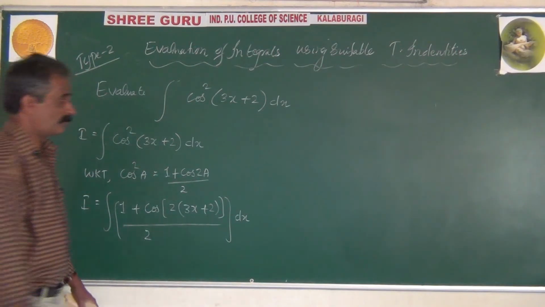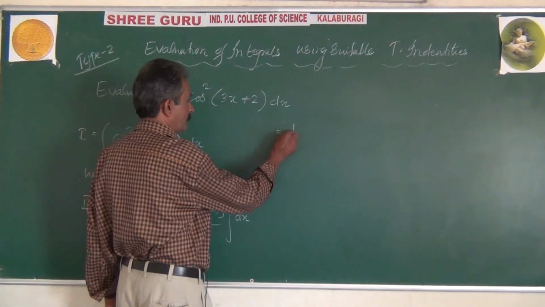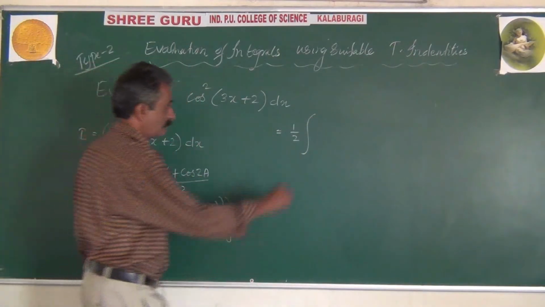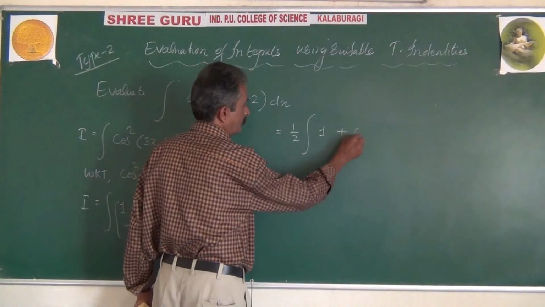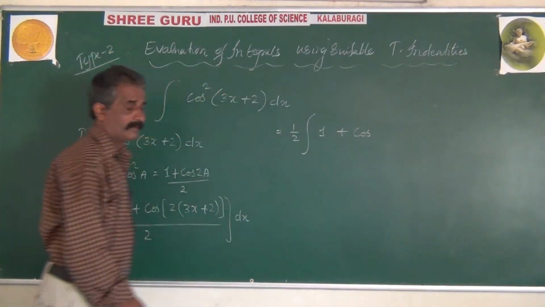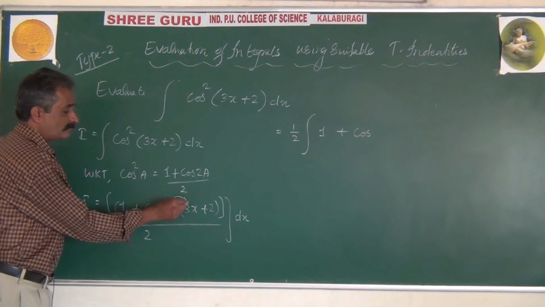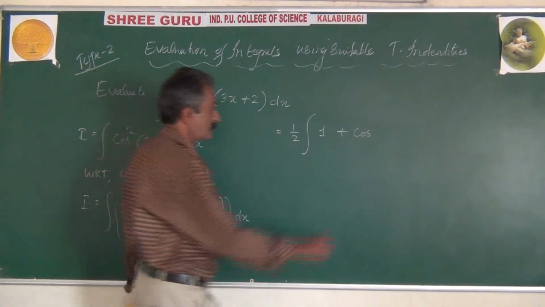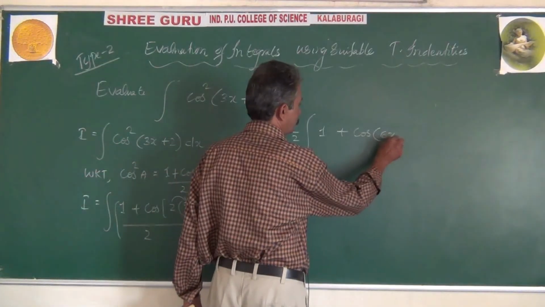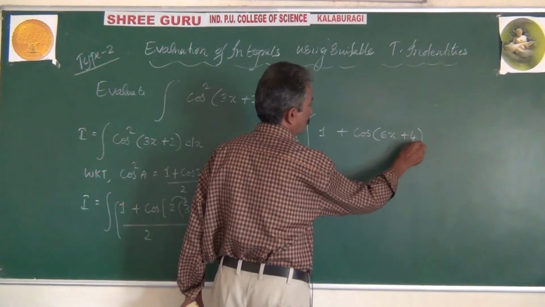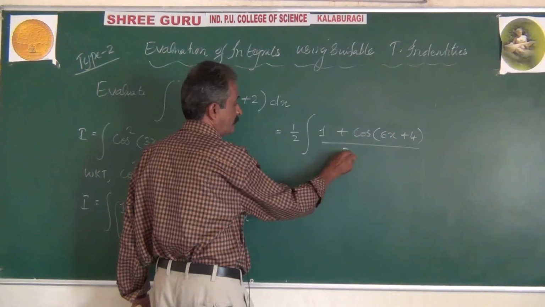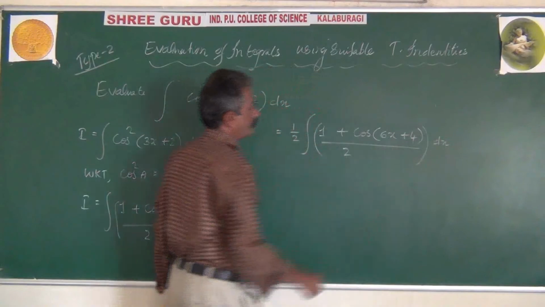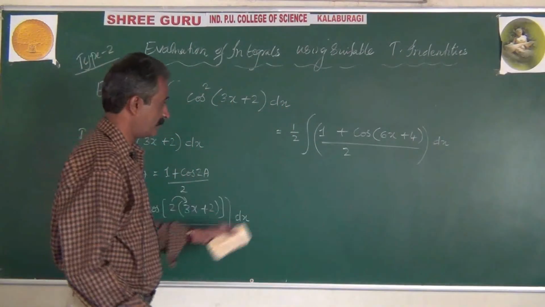One by 2 outside, 1 by 2 into the integration of (1 plus cos of 2 into 3 becomes 6x, 2 into 2 becomes 4, cos of 6x plus 4) divided by 2. Of course, the 1 by 2 is already kept outside.